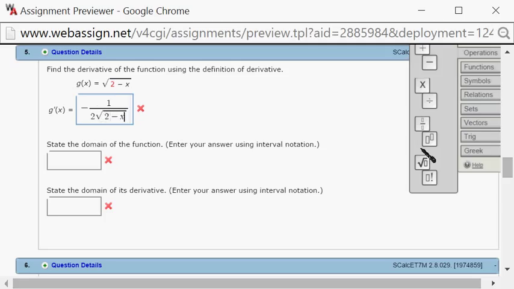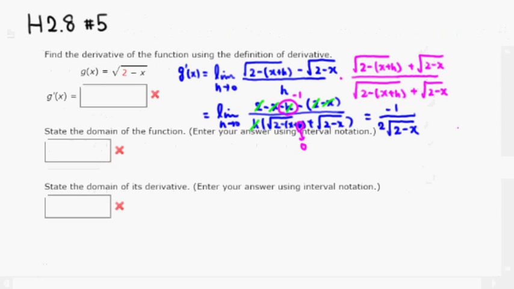And it says to state the domain of the function. So you can see that we have to make sure that in the original function, the expression inside the square root has to be non-negative. So we have 2 minus x is greater than or equal to 0. So we can simply add x to both sides. So you have 2 is greater than or equal to x.